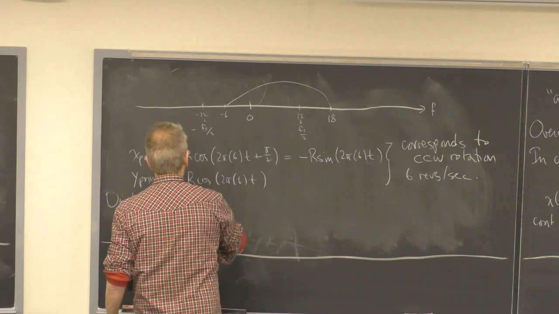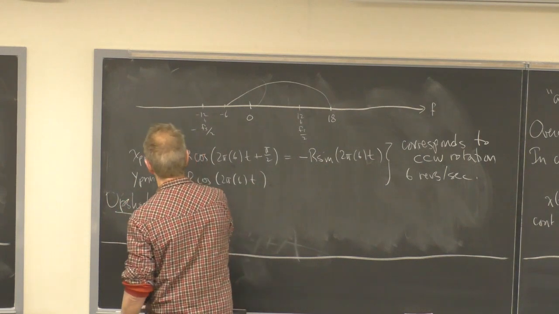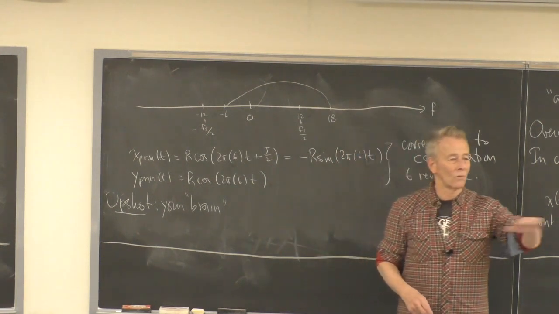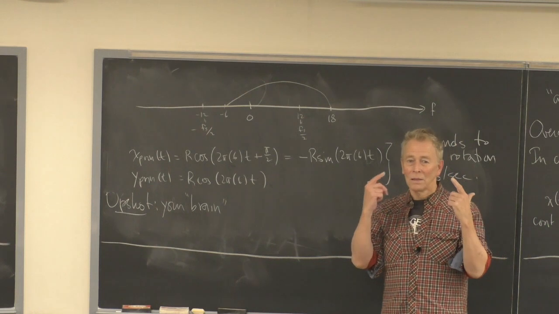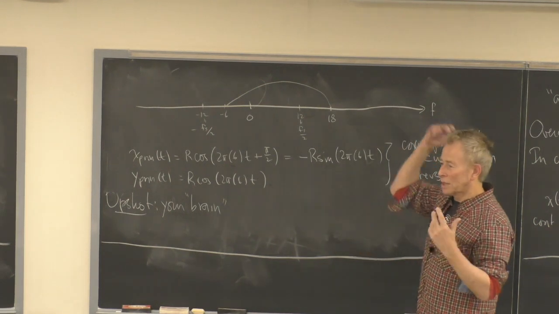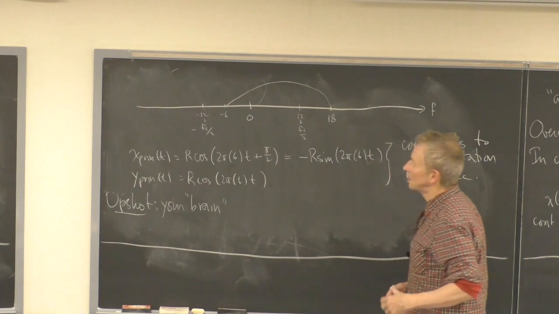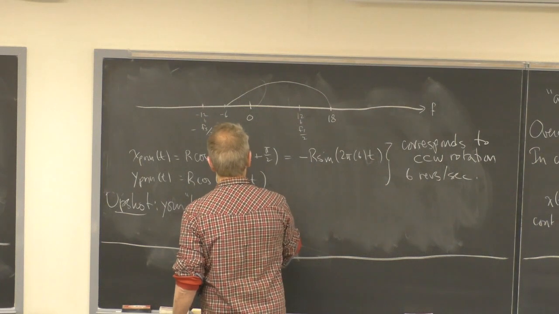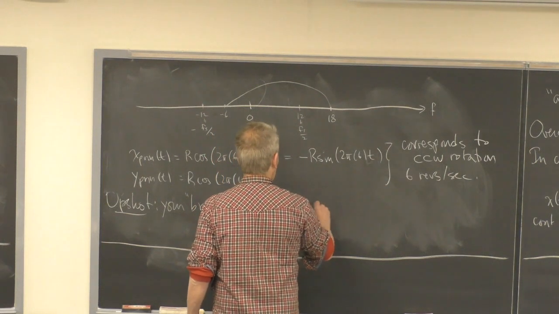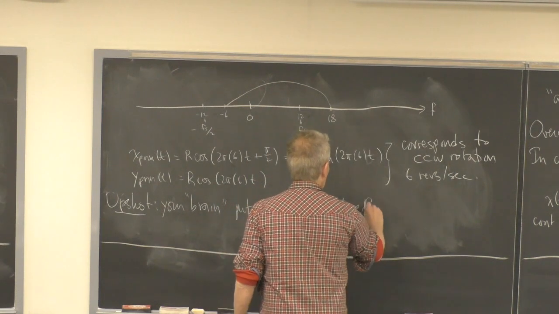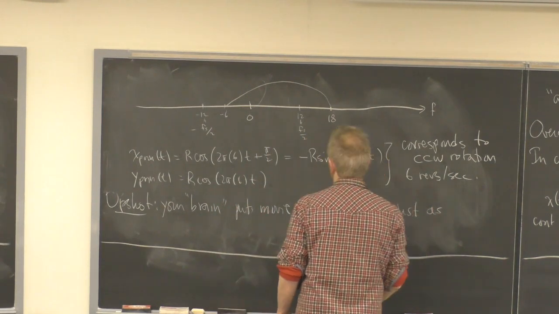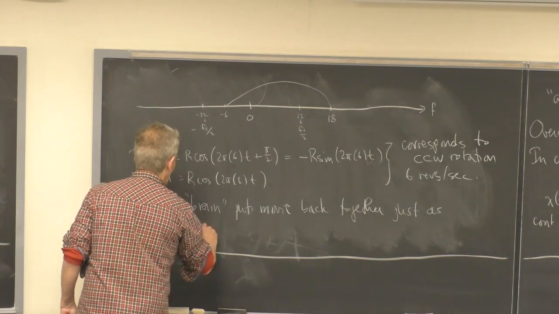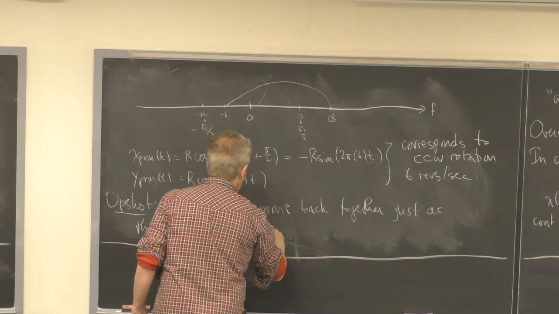And when I say your brain, I'm putting brain in quotes because what I mean here is the whole visual apparatus, starting with the retina, the optic nerves, the visual cortex, and all that stuff, and whatever cognitive machinery you happen to lug along with you, puts this back together just as the ideal, the magic box would, the ideal D to C.